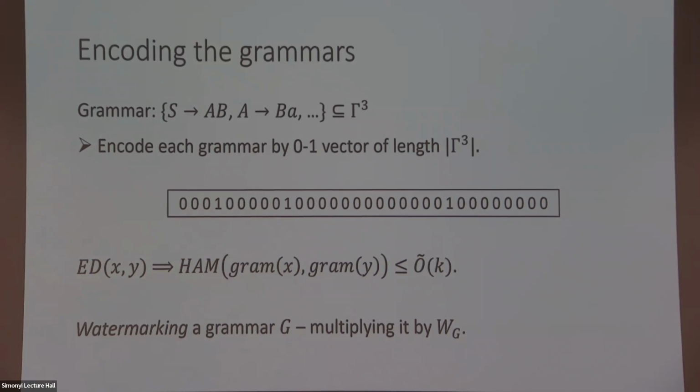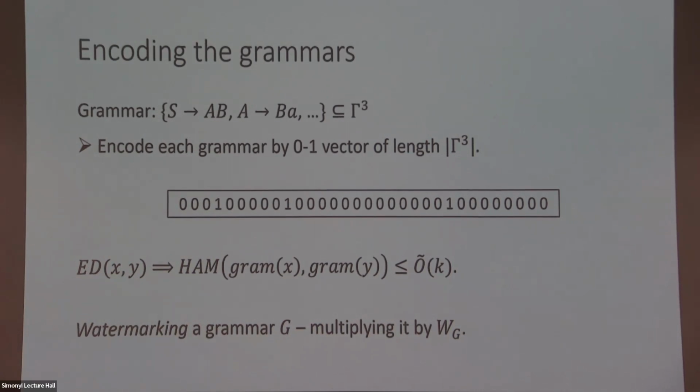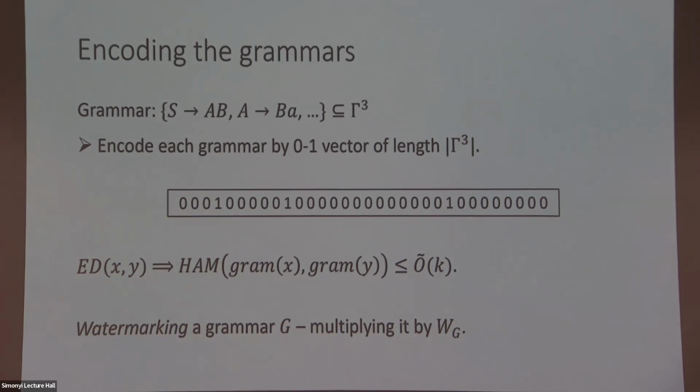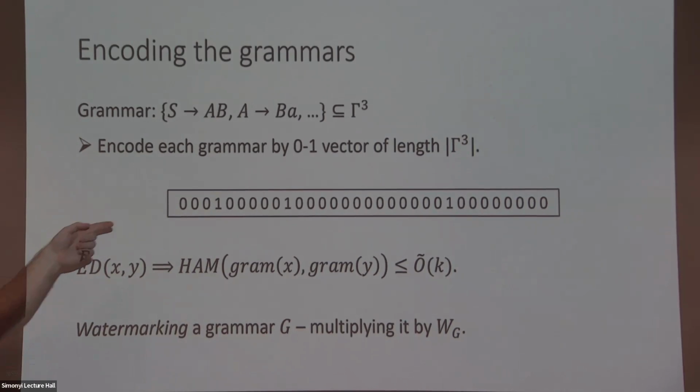The edit operations roughly affect one symbol at each level, so the number of rules affected is roughly logarithmic in the number of edit operations. So with this representation, each edit operation translates in the grammar into a small Hamming distance. Basically, there is a kind of bijection between the number of edit operations and the Hamming distance.